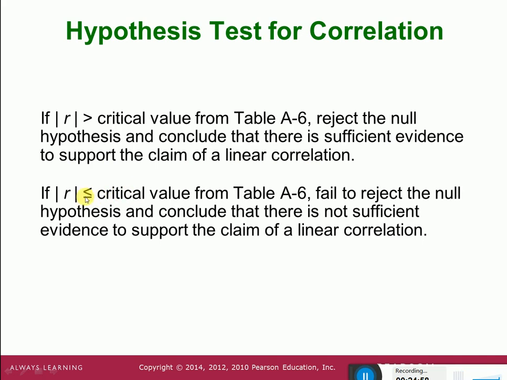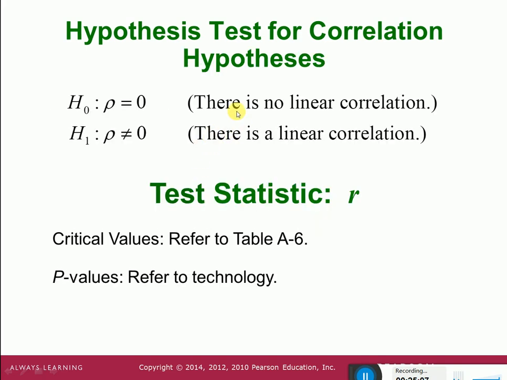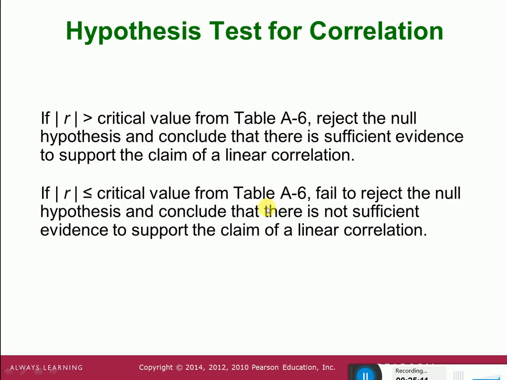If it's less than or equal to the critical value, then we do not reject the null hypothesis, or we say that there's no linear correlation. So if it's bigger than the value from A6, there's a linear correlation.